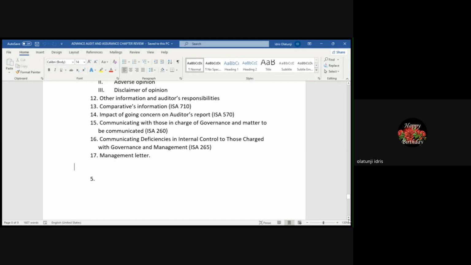Whereas the auditor is actually doing the audit work in line with the set down rules and regulations, the standard, and the regulatory framework. That is the difference between the performance gap, the liability gap, and the standard gap. I hope I have answered your question, sir. Thank you, sir.